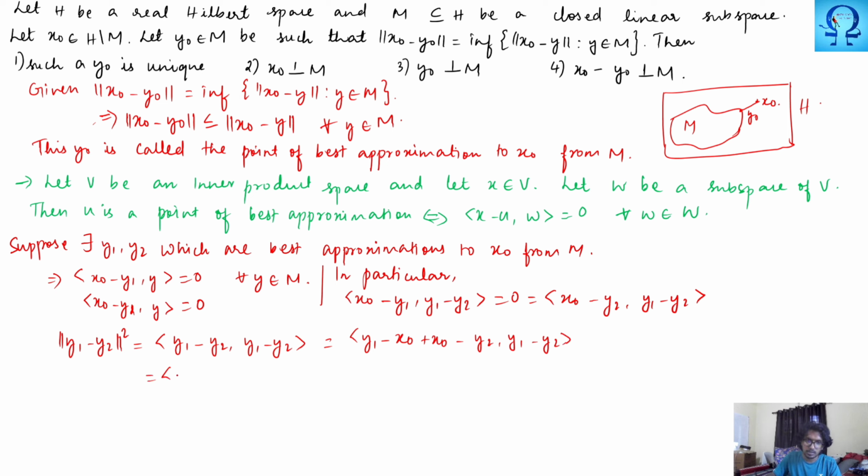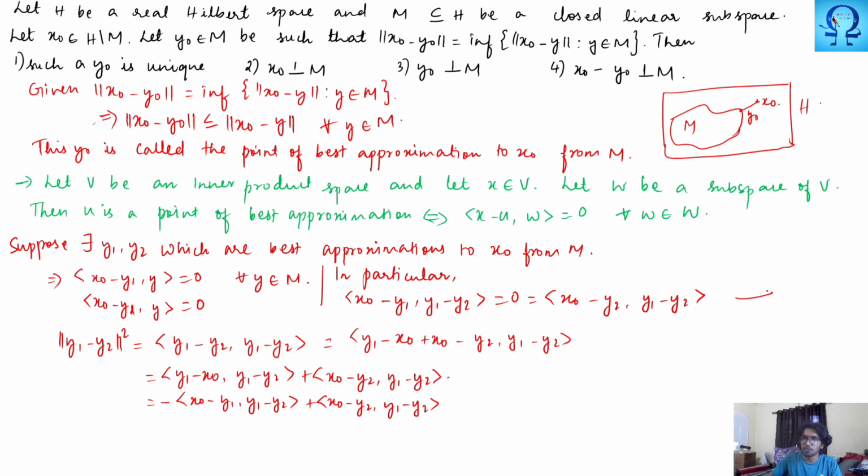So this is y1 minus x naught comma y1 minus y2 plus x naught minus y2 comma y1 minus y2. Using the properties of inner product, you can write this as minus x0 minus y1 comma y1 minus y2 plus x0 minus y2 comma y1 minus y2.